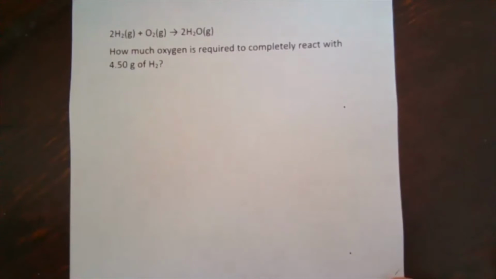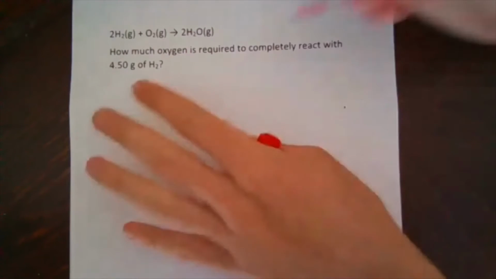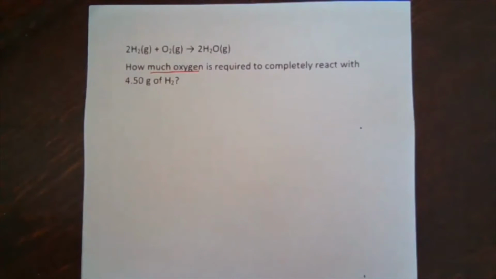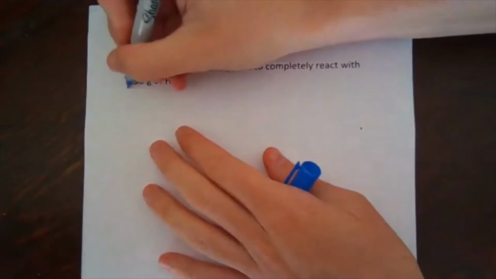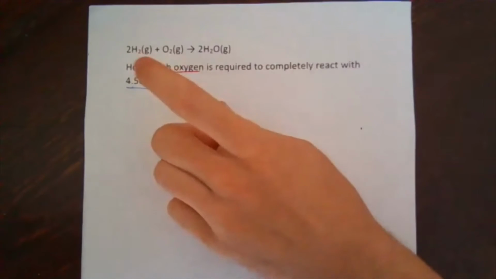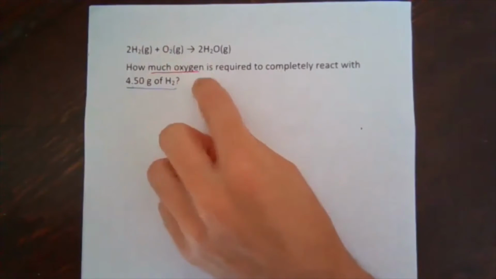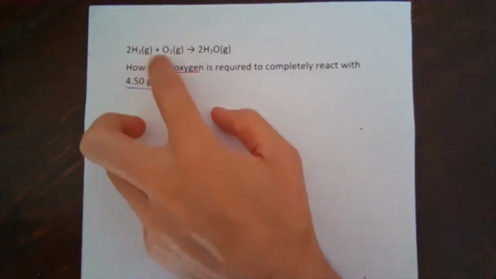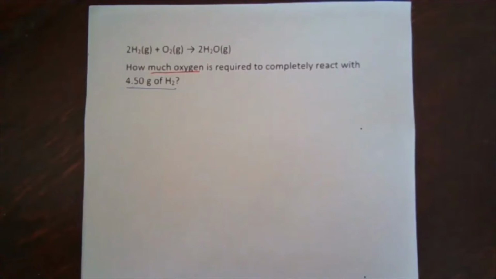How much oxygen is required to completely react with 4.5 grams of H2? All right, so if we look at this kind of setup, how much oxygen will you react with 4.5 grams of H2? And when we see how much, that's going to be mass.